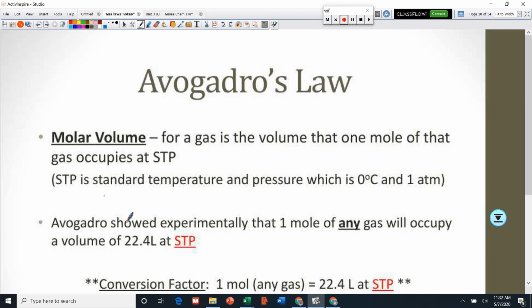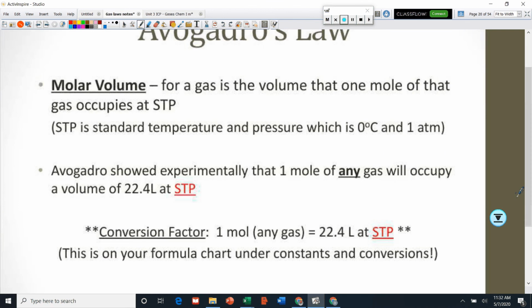All right, so molar volume. Molar volume for a gas is the volume that 1 mole of a gas occupies at STP. Remember, STP is standard temperature and pressure, which is 0 degrees Celsius and 1 atmosphere, or as I said earlier, 273 Kelvin and 1 atmosphere. Avogadro showed experimentally that 1 mole of any gas will occupy 22.4 liters at STP.